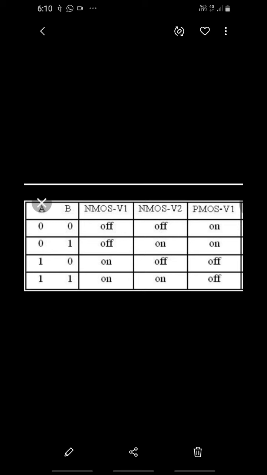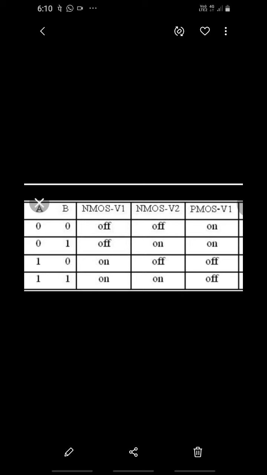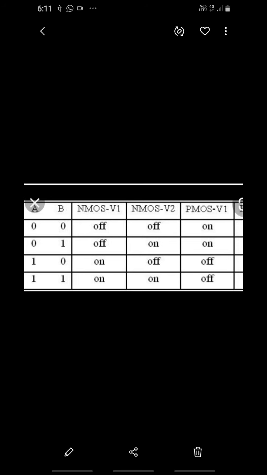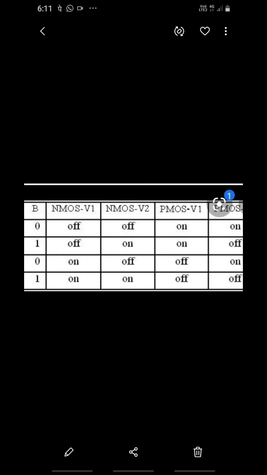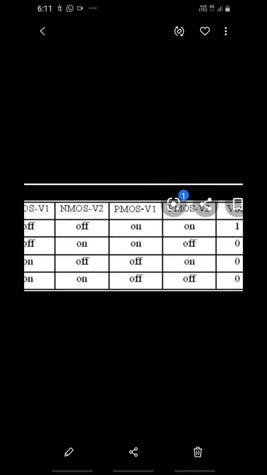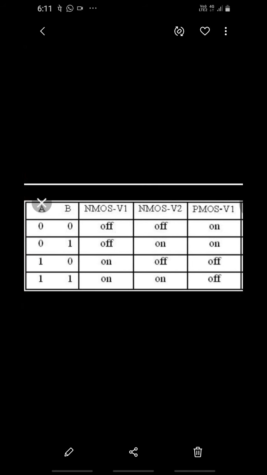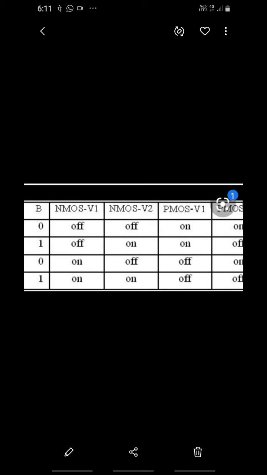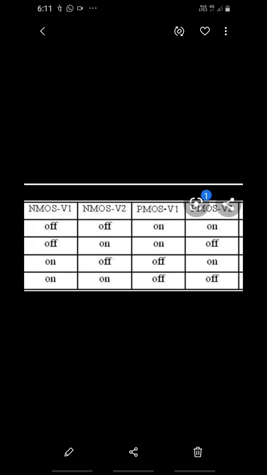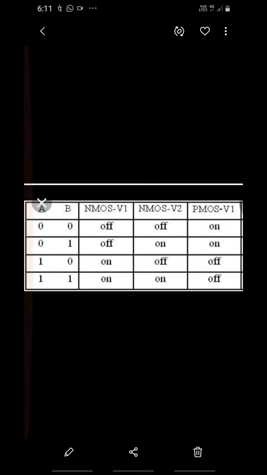So here is the truth table of the CMOS NAND gate, with inputs A, B. Whenever both the inputs are 0, 0, then NMOS Q1, Q2 are off, PMOS Q1, Q2 are on, so the output is high, 1. Then input 0, 1: NMOS Q1 is off, Q2 is on, PMOS Q1 is on, Q2 is off, so the output is high.